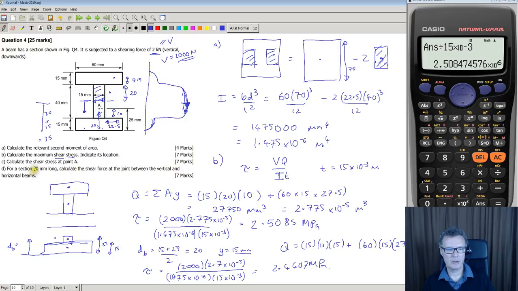For a 20 millimeter long section, calculate the shear force at... what do you mean by a 20 millimeter long section? Calculate the shear force at a joint between the vertical and the horizontal beams.